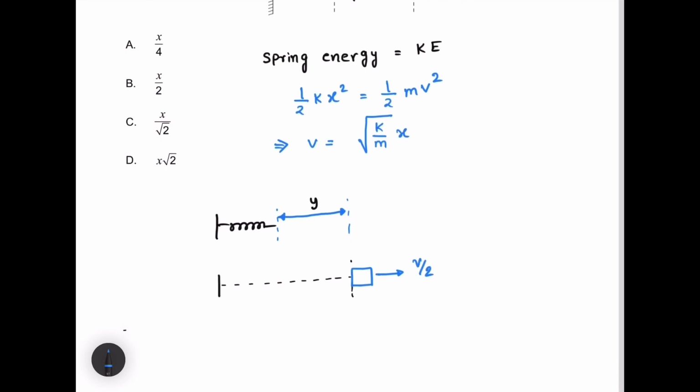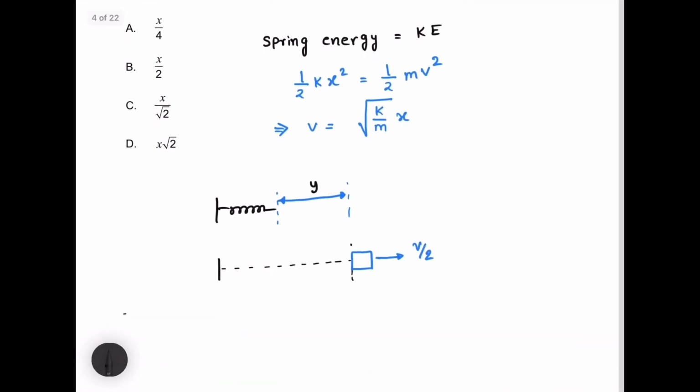So over here also the spring energy is being converted into kinetic energy. So half k into delta x whole square, where delta x would be y, because it is compressed by y from its initial state.